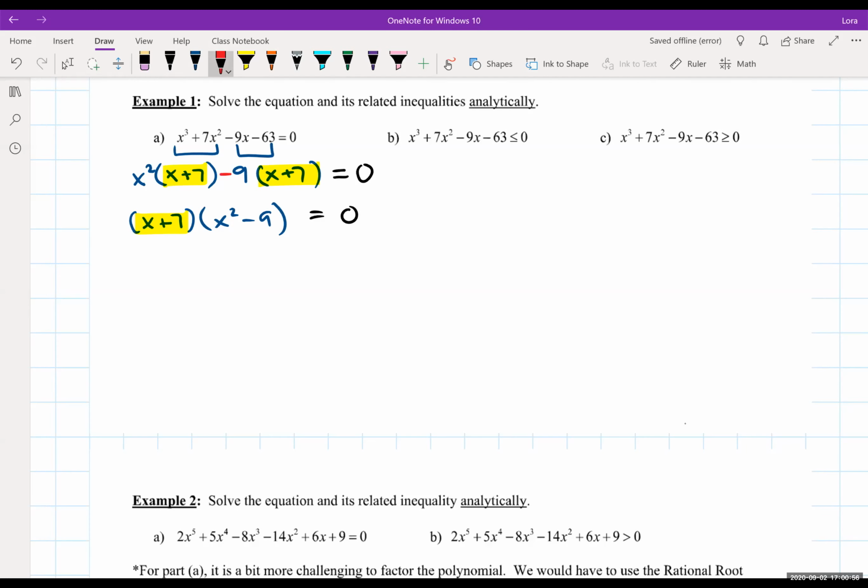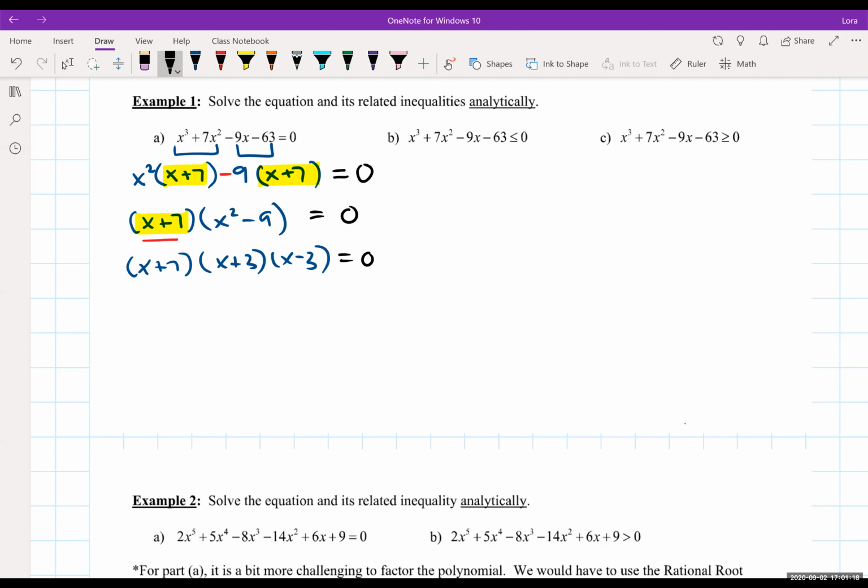I do have a linear factor as x plus 7, and I notice that x squared minus 9 can be factored further. That's a difference of squares coming back. So I'll rewrite, I still have x plus 7, and x squared minus 9 would be x plus 3, x minus 3. So still equaling 0.